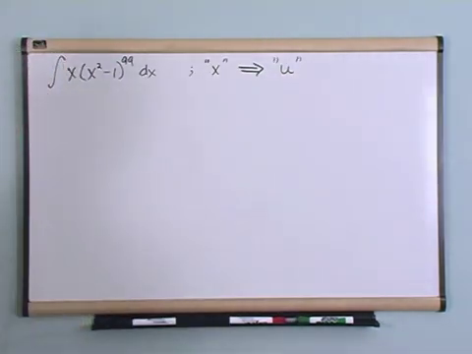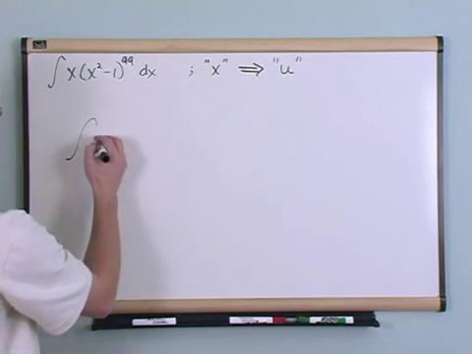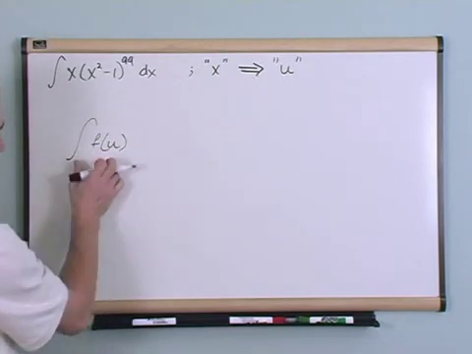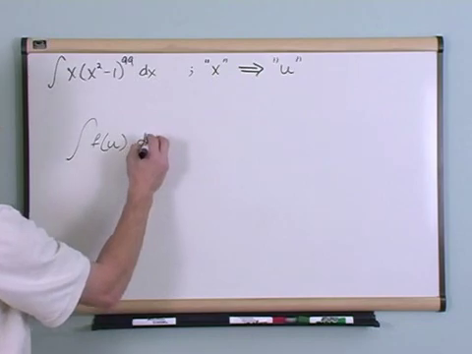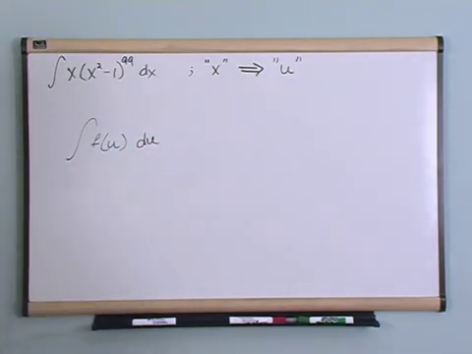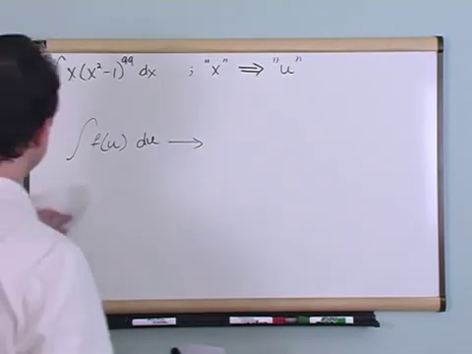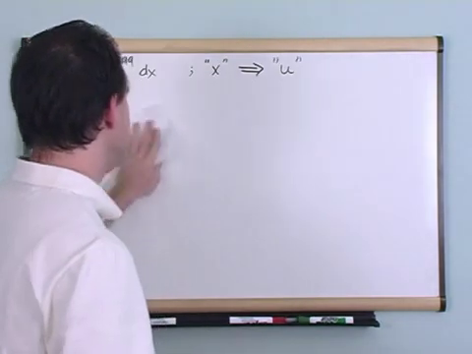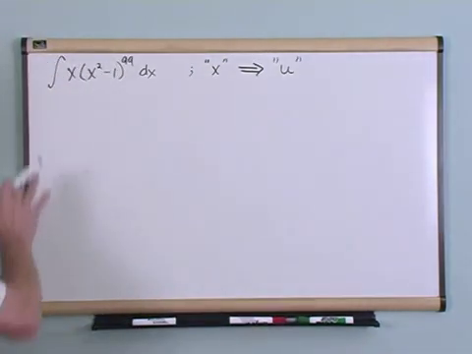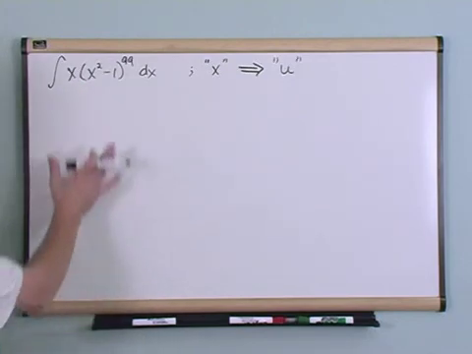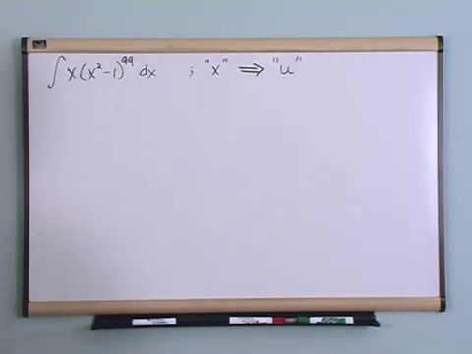So it's going to be an integral over some function of u, it could be whatever, and instead of dx, we're going to end up with a du. And we're going to integrate this, and we're going to get an answer, and you're going to see that it's going to give you the answer that you're looking for in the end. So the question is, how do I do this transformation? How do I make this problem easier?